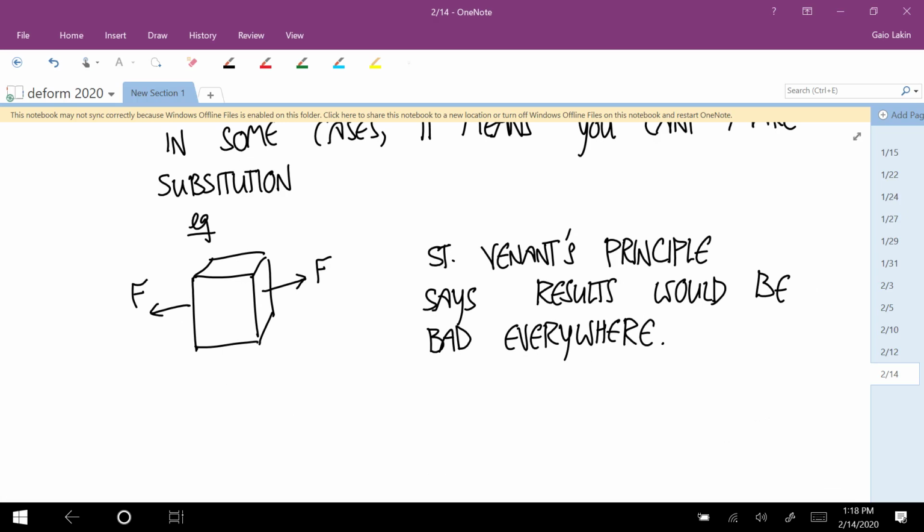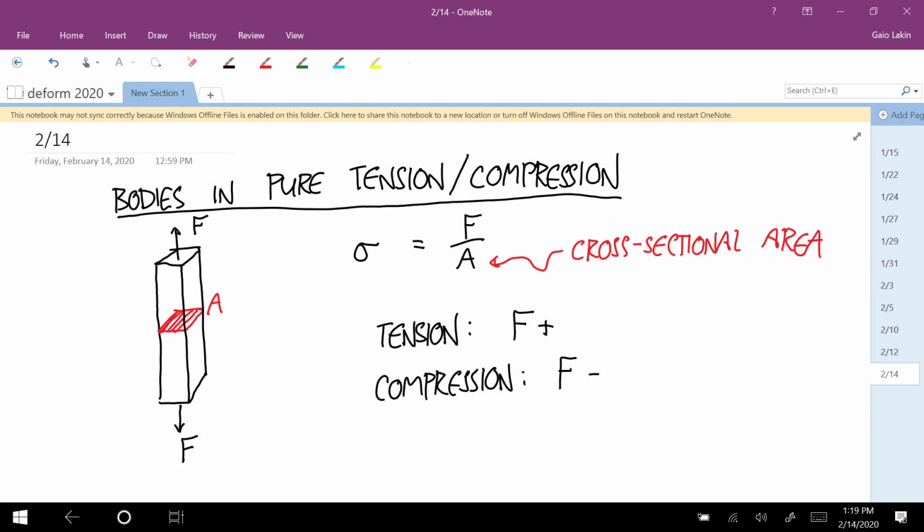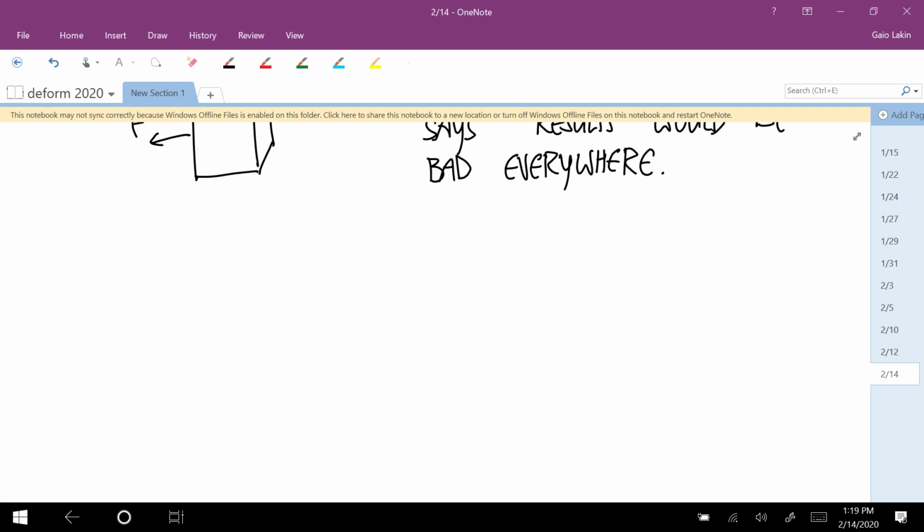All right. So now, using Saint-Venant's principle, we can do calculations where members are in pure tension or pure compression. Where's a case where that's going to come up? A really natural place for that to come up is in trusses. And so I want to do just a quick review of truss calculations.